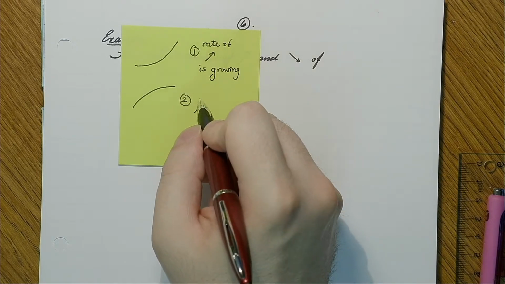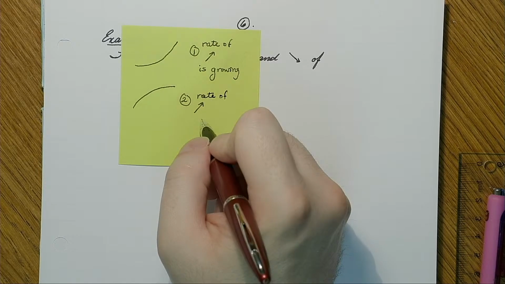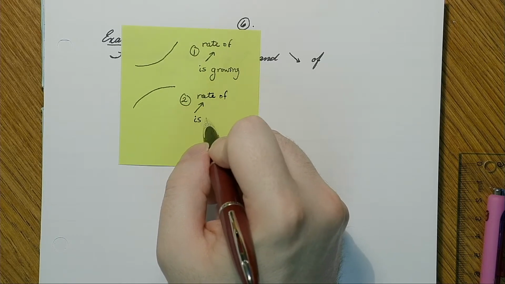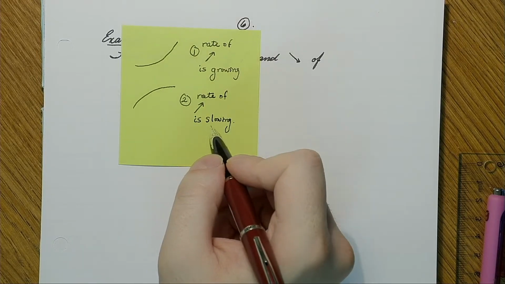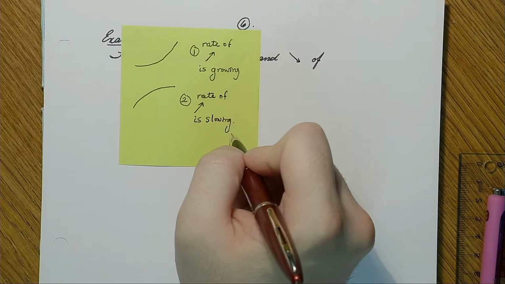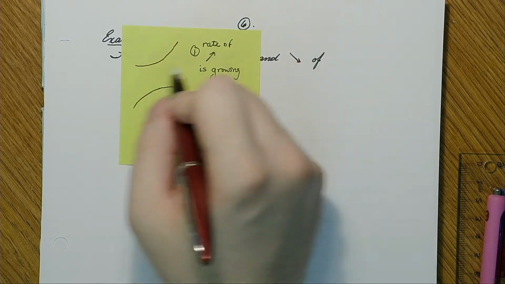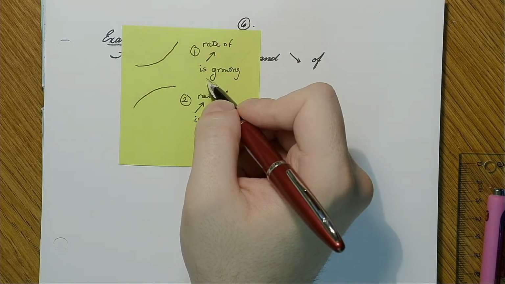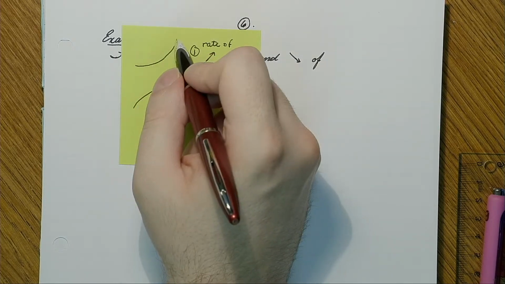It's growing, and the rate of increase on this one is slowing down. Because I'm looking at the growing and slowing, which is a rate of increase, now I'm getting into the second derivative. The second derivative helps tell me this shape.